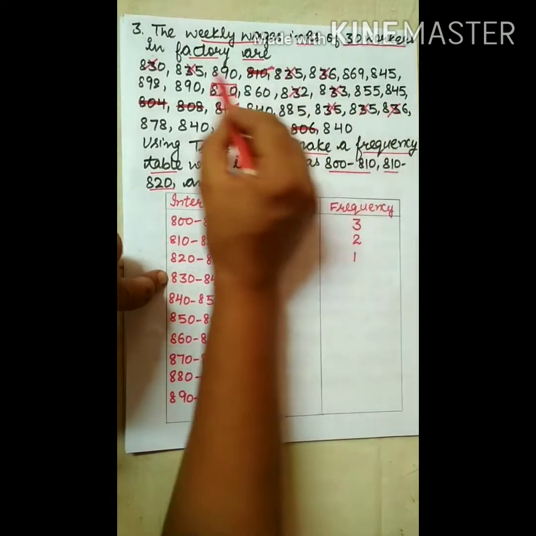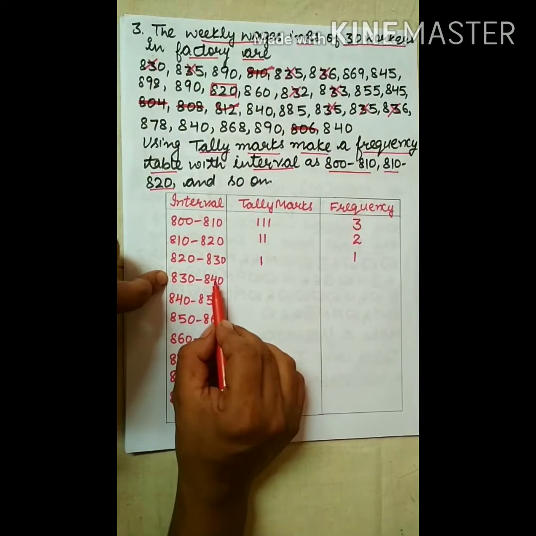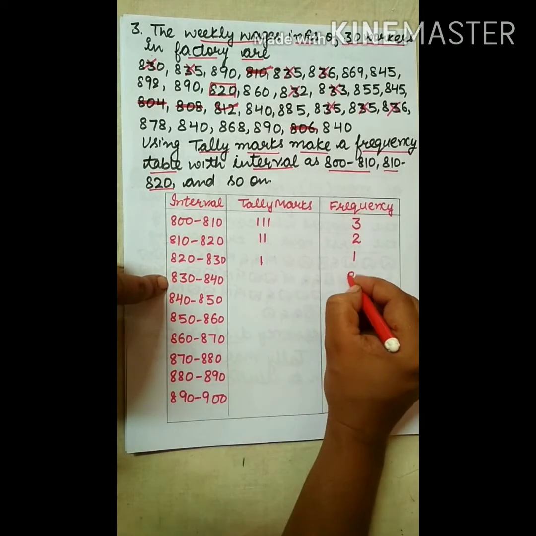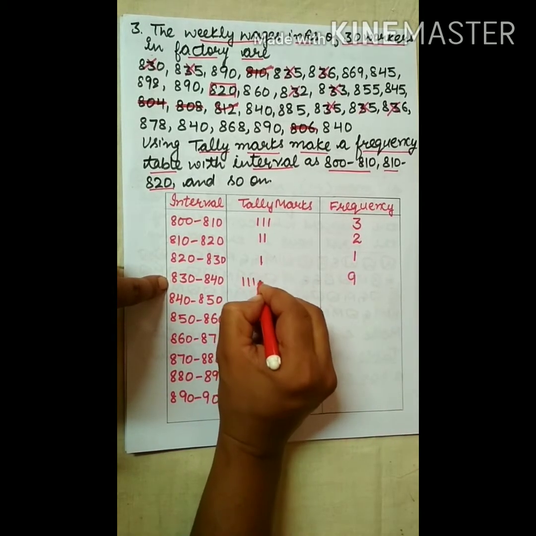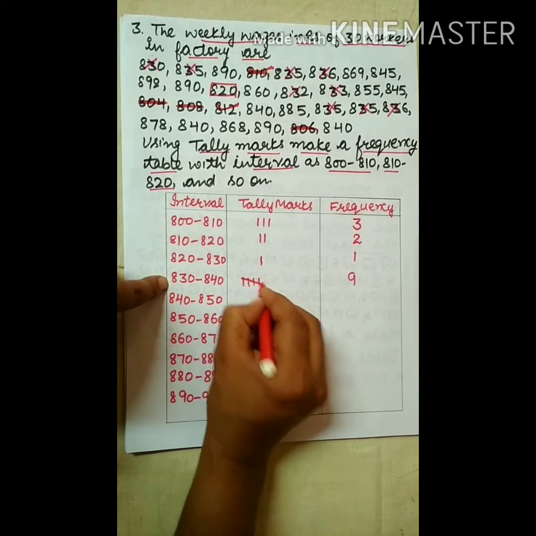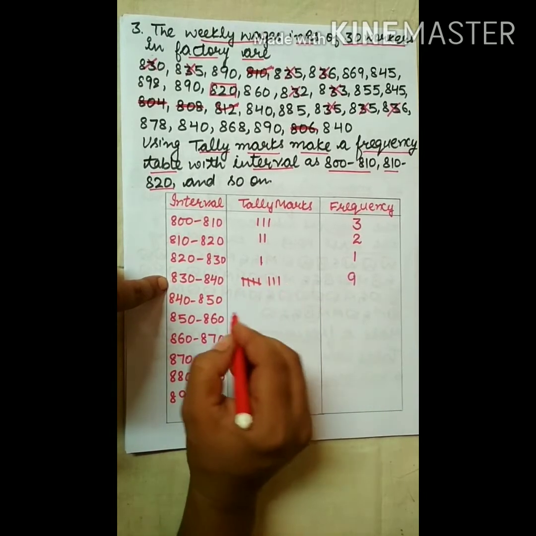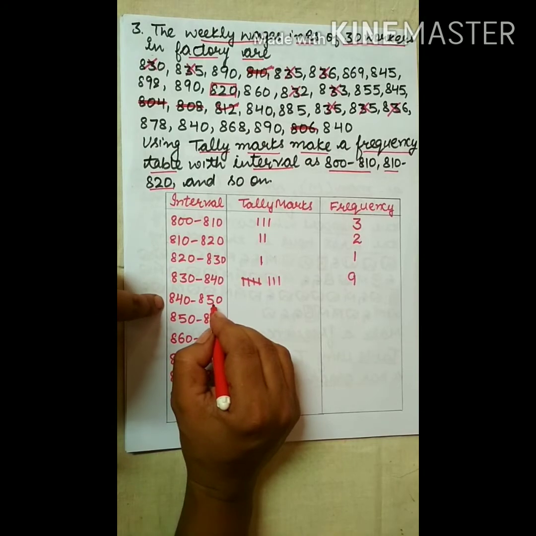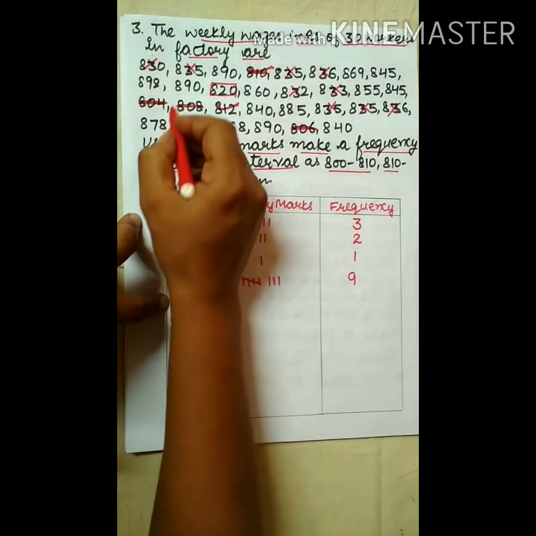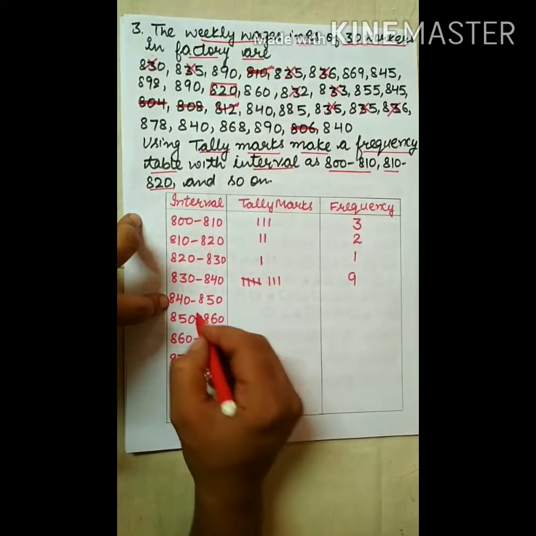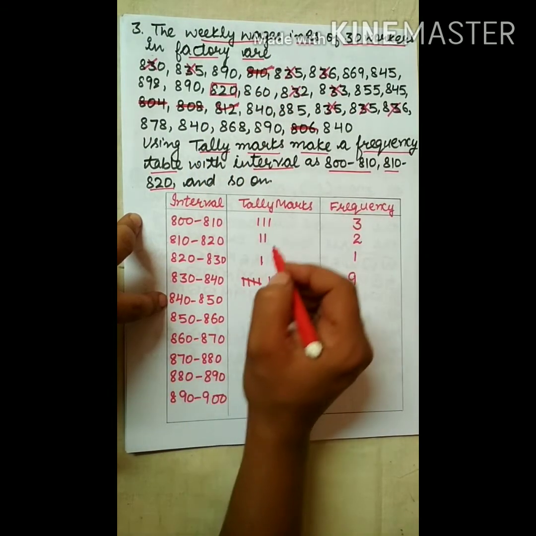So there are 9 values which are lying between 830 to 840. So here in the frequency I will write 9 and here I will show the tally marks like this. Now we will count for 840 to 850. Now I will circle the values which are lying from 840 to 850.